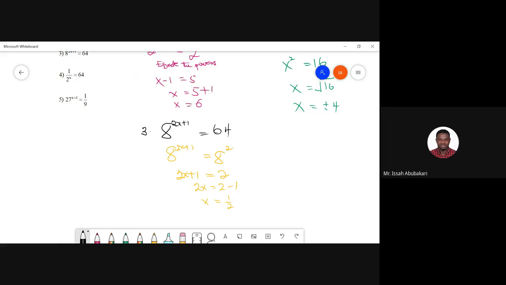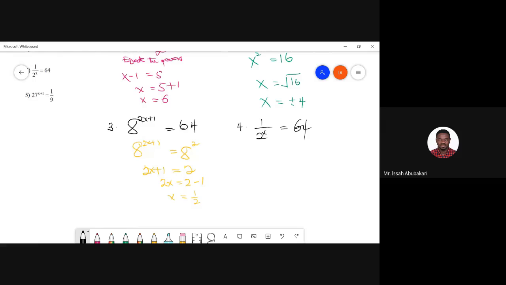So question 4 says that 1 divided by 2 exponent x is equal to 64. Yes, this was the second way that I wanted us to look at, and we are having it here. So let's solve this one. When we have a question like this, anytime you have a fraction, you can write the fraction back in a negative exponent way because we looked at inverses previously.